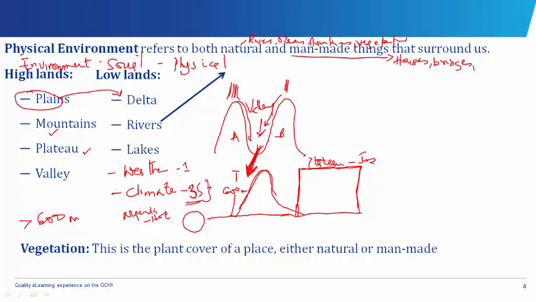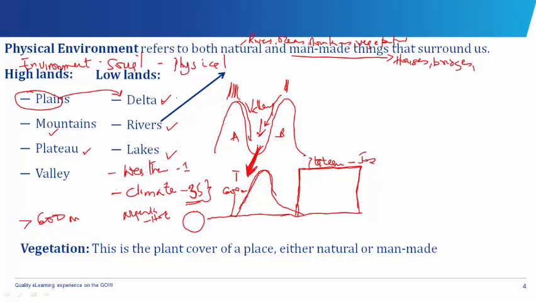Okay, then for lowlands, we have rivers, we have lakes and deltas. Okay, deltas are regions where we have a very large body of water or small waters gathering together to flow into a large body of water. For example, rivers coming together to flow into an ocean.